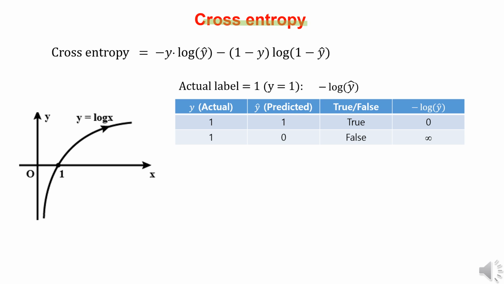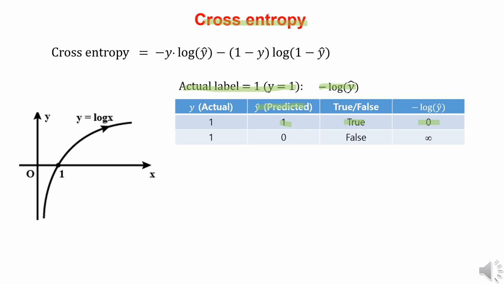First, when the actual label is 1, the cross-entropy is defined as the negative logarithm of y hat. This means that y hat represents the probability that the model assigns to the actual label being 1. When y hat is equal to 1, meaning the model predicts the actual label correctly with 100% certainty, the cross-entropy becomes 0.